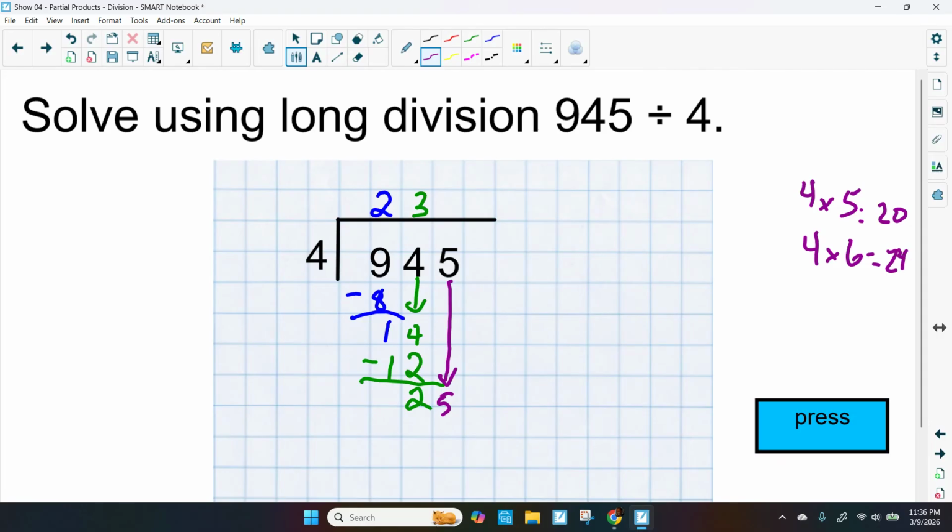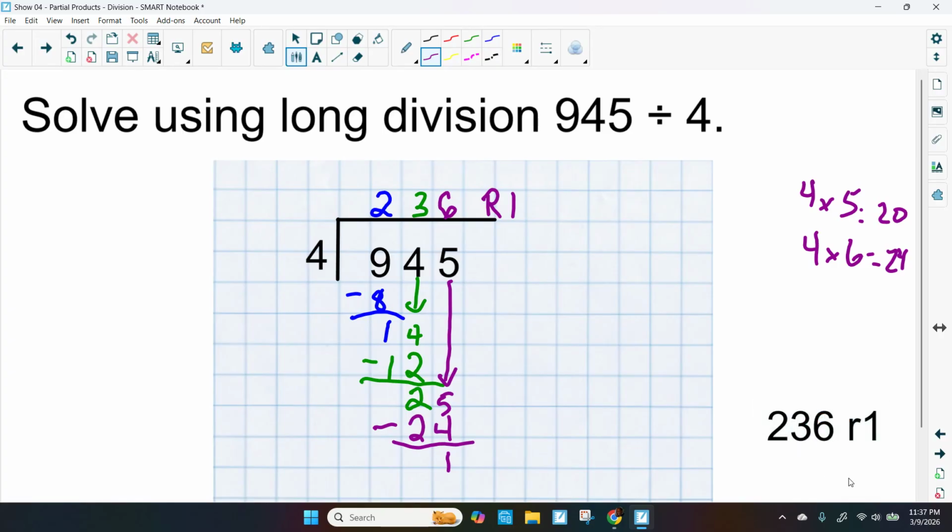I'm going to go with that one because that's as close as we can get to 25. So I'm going to say 4 goes into 25 6 times, and I'm going to subtract that. 24 from 25 gives me 1, which is my remainder. So my answer is 236, remainder 1.